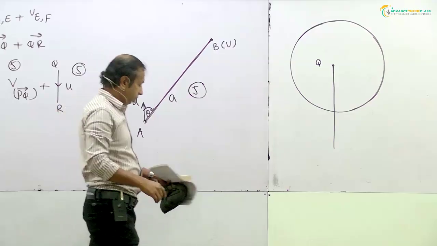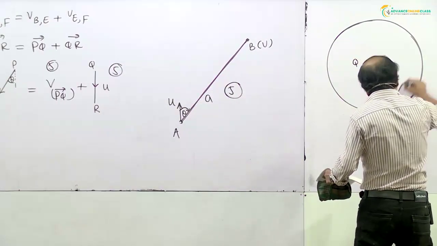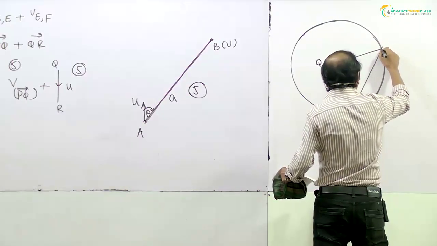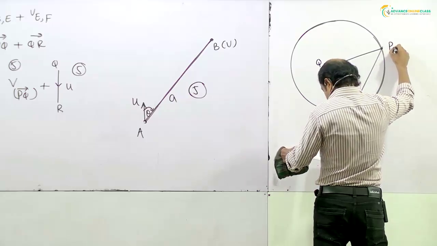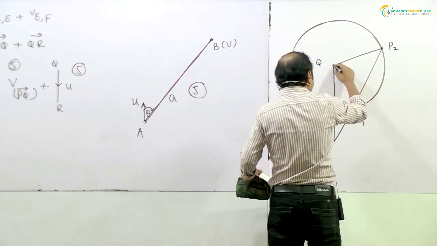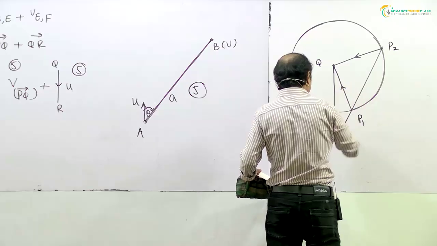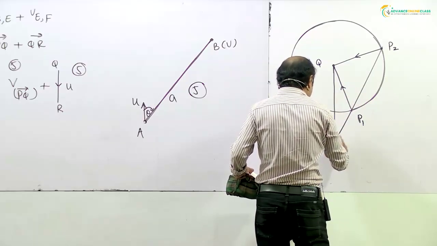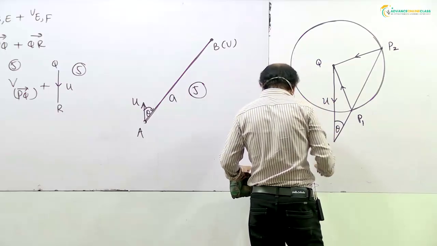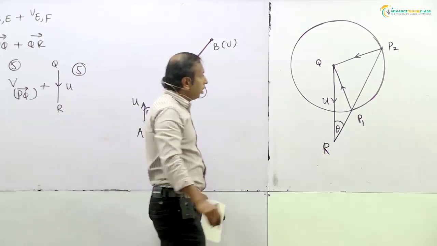PR. This way, there are 2 positions for point P on the circle. Let this be P1. This is theta. For this we get 10 marks.